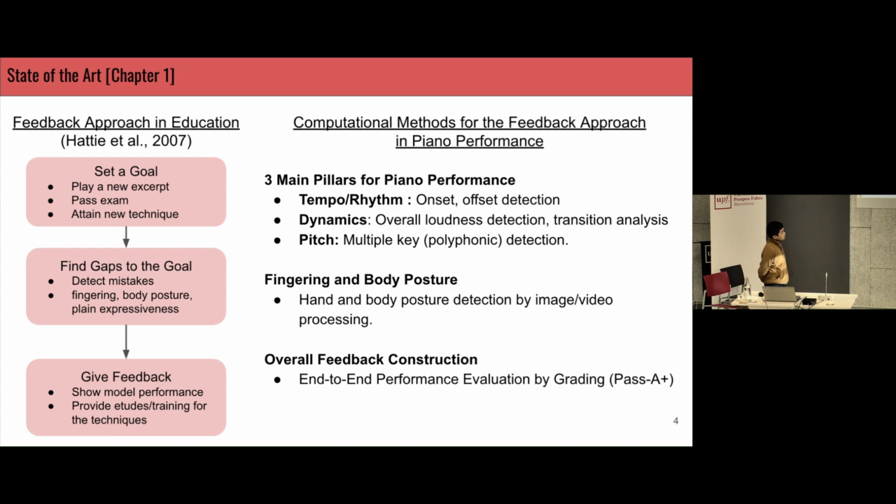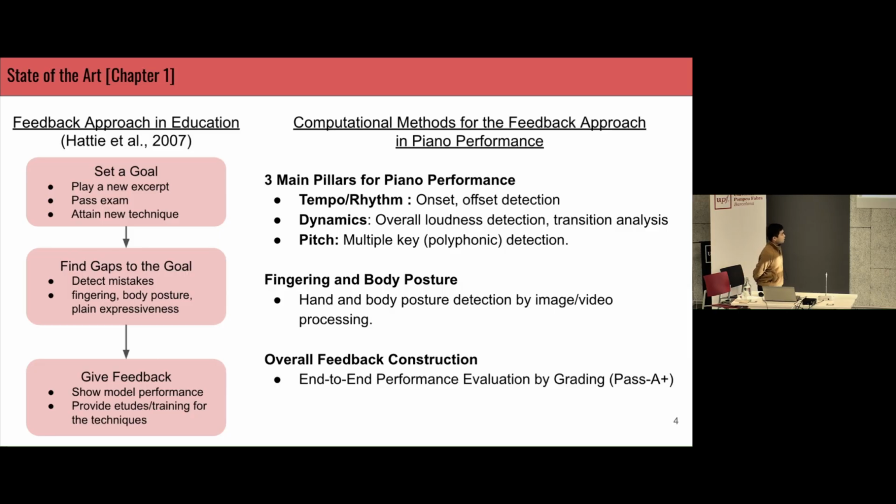Tempo and rhythm are handled by onset and offset detection. Dynamics is currently handled by overall loudness detection or transition analysis. And pitch, in the piano case, is already fixed. So the task is finding the wrongly pressed keys in a polyphonic manner, because the piano has so many keys.